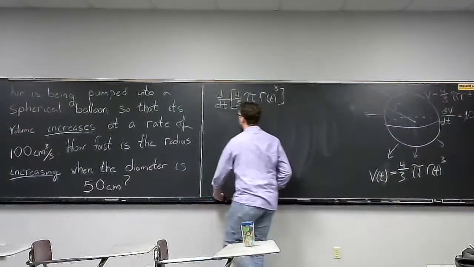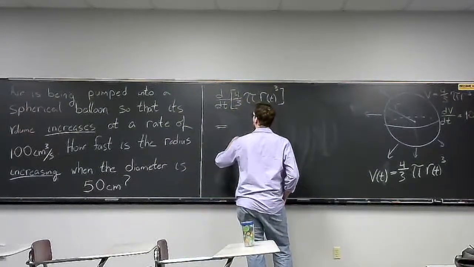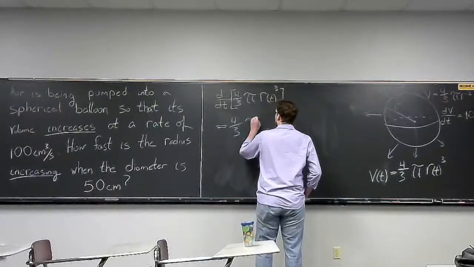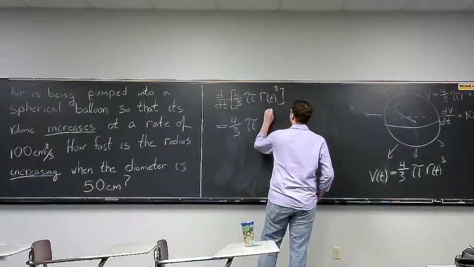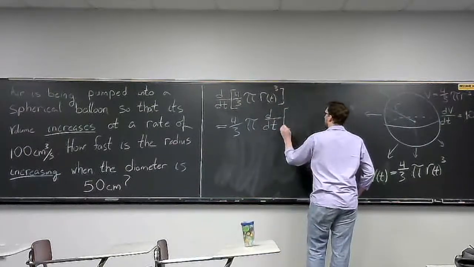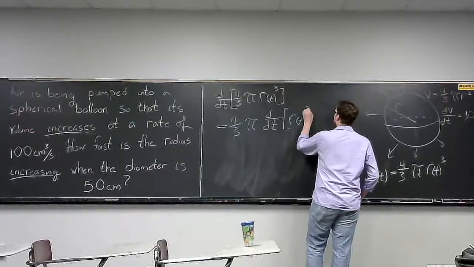So pulling out the constants, we get that this is equal to 4/3 times pi times d/dt of radius as a function of time, cubed.